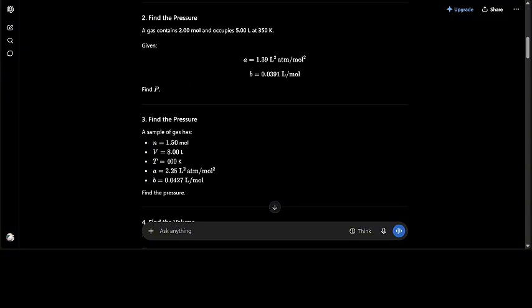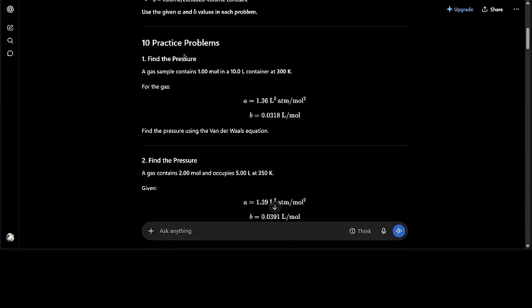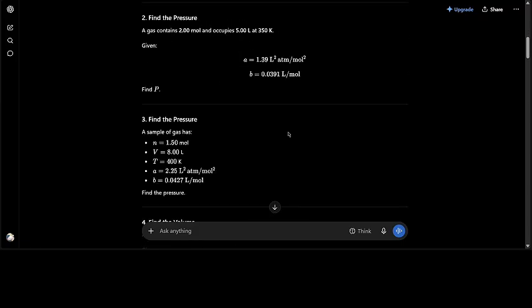Divided by V, which is 5.00, V minus nb, which is here 0.0391 minus 1.39 over 5 squared.